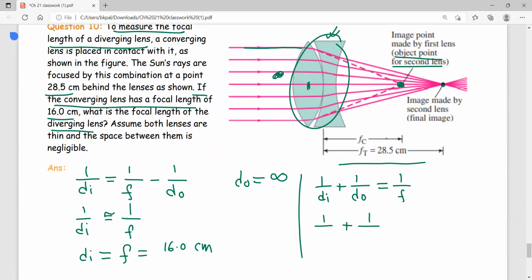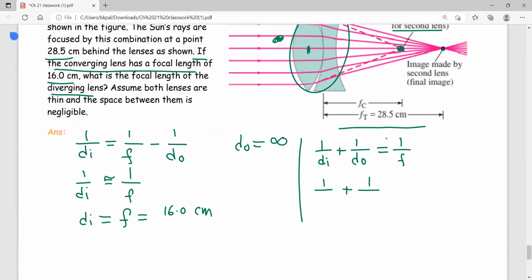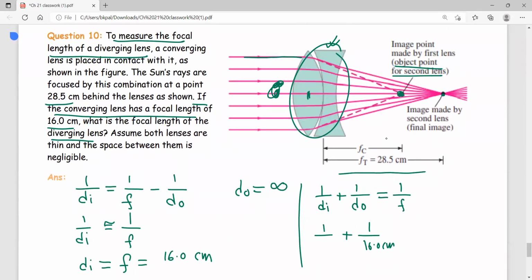Here do is basically 16 centimeter, but because it is on the other side, it is supposed to be on this side but it happened on the other side, the object distance should be negative. The object is supposed to be on the left side, but because of this combination it is on the other side of the diverging lens, so we have to use a negative sign.